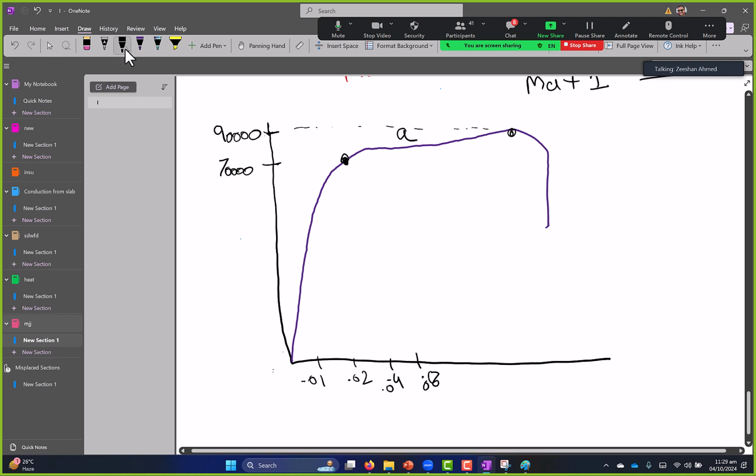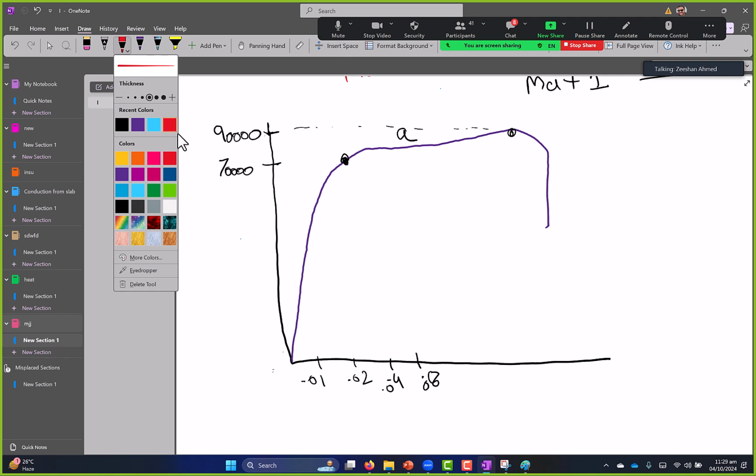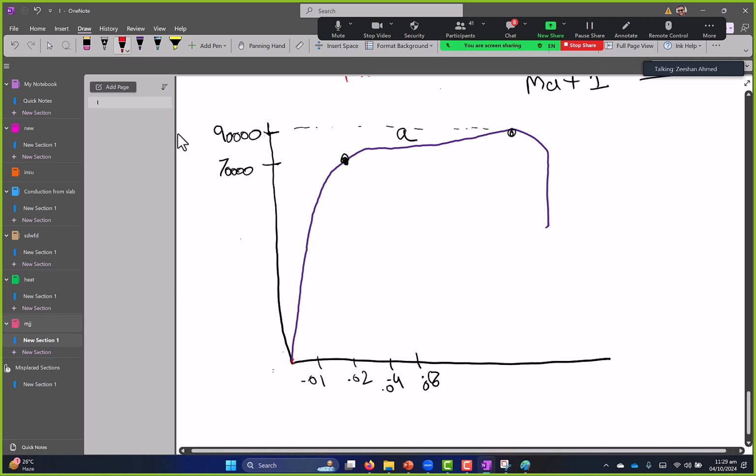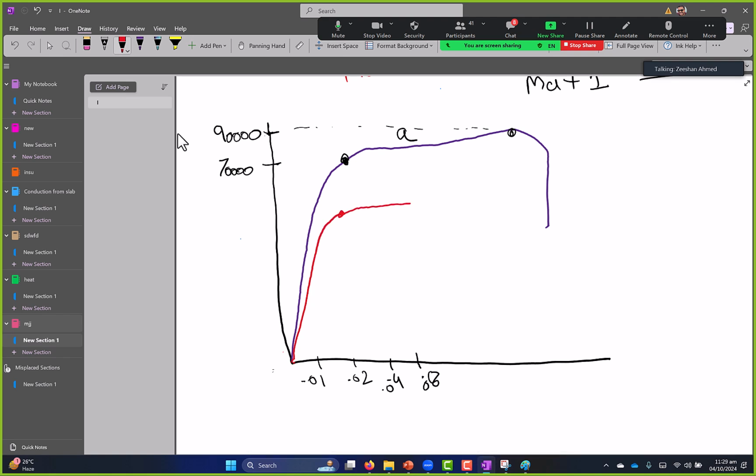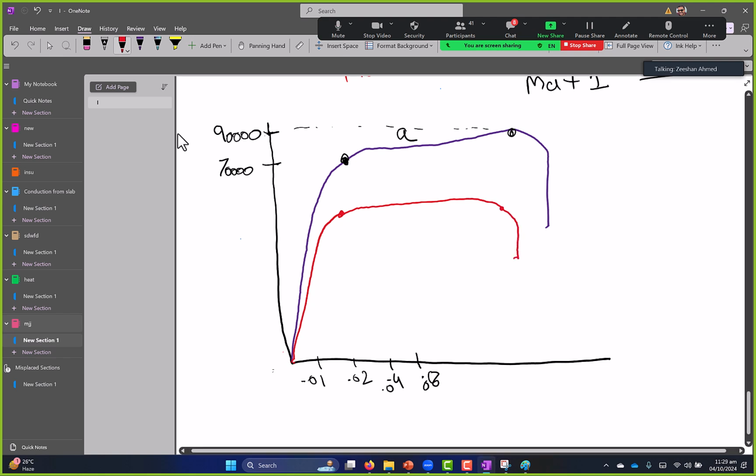Then I have another test subject which I tested, and it went on and on, and it curved like this.